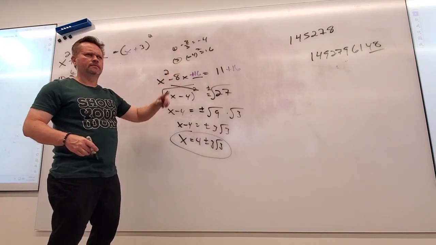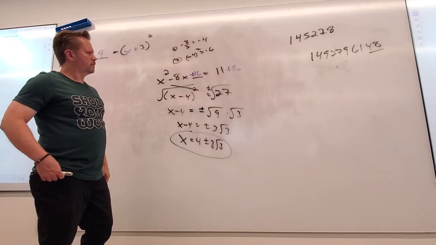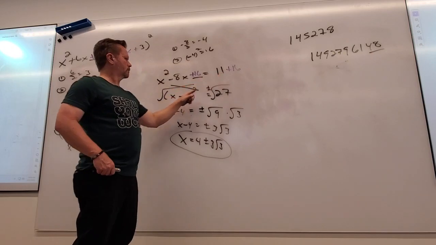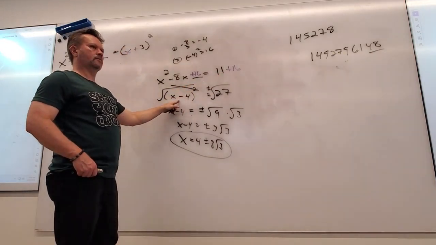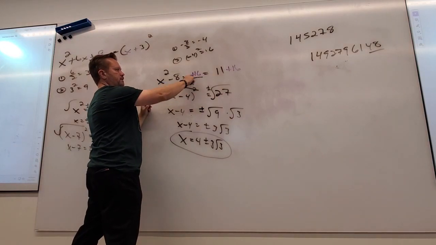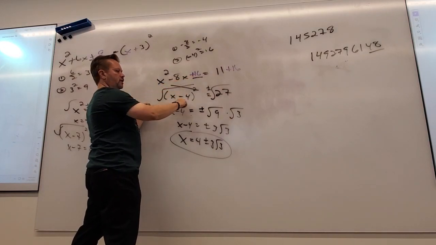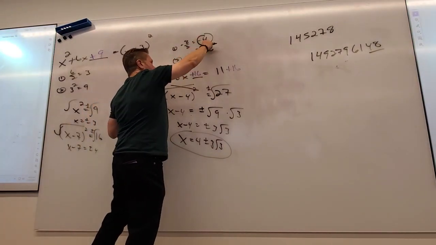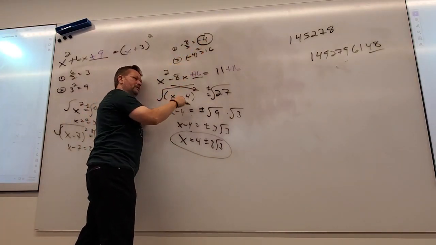So when you went from x squared minus 8x plus 16 down to the square root of x, how did you get that? Well, if I factor this, what two numbers multiplied give 16 and add to negative 8? Negative 4. The beautiful thing is that tells me how it's going to factor.